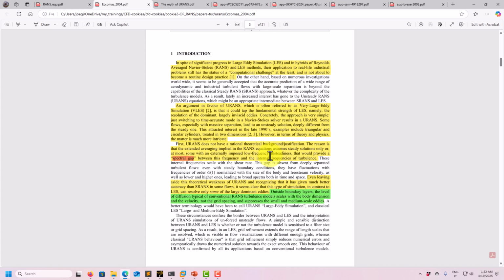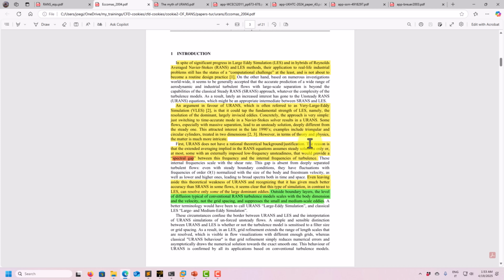Computational time and everything, and here we have this interesting point: URANS does not have a rational theoretical background justification, because it's not solving those time scales. Somewhere here they mention that it's merely a coincidence that you get good values. Even though this paper is old, the same applies today.